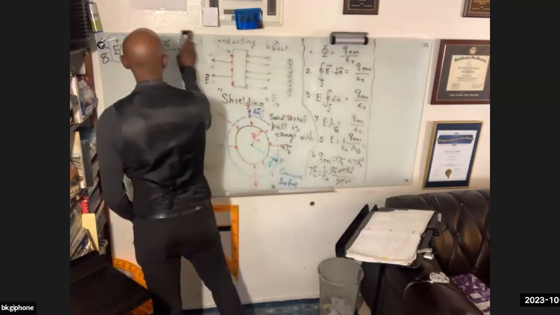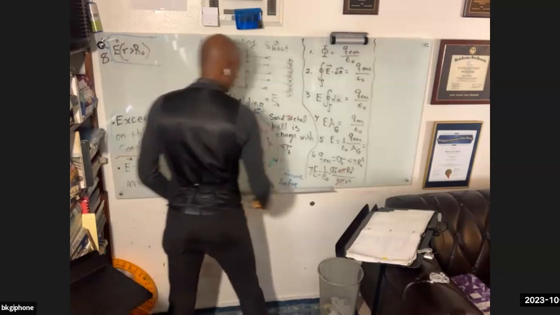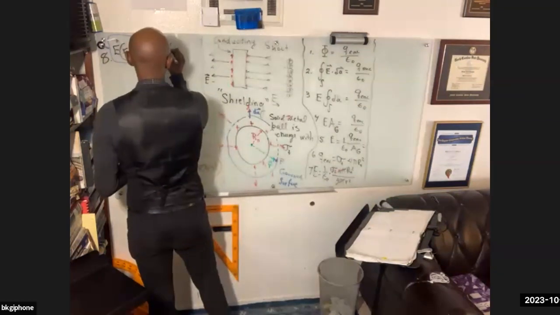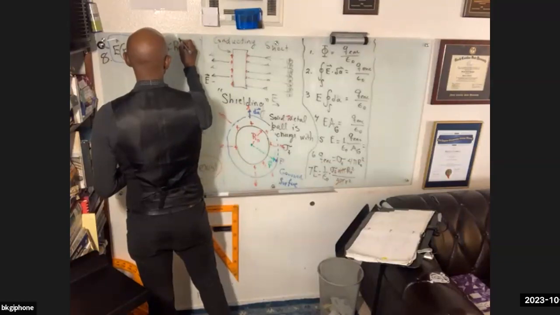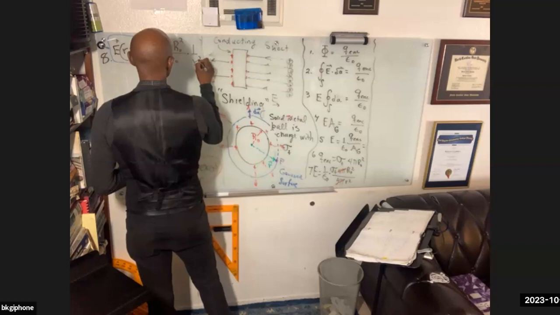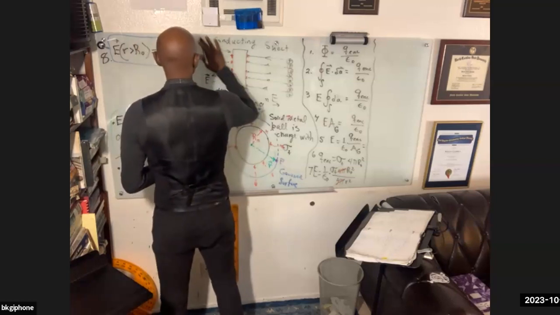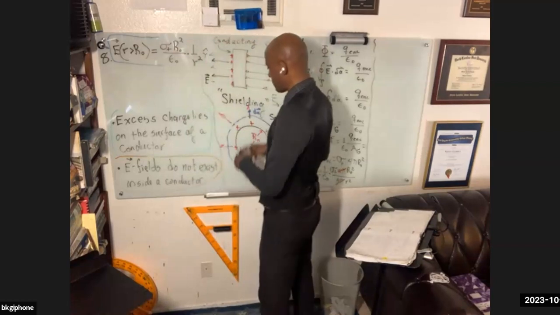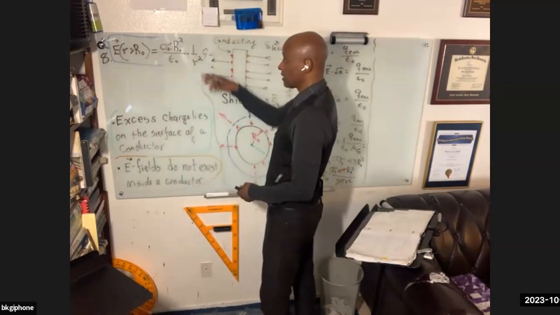Let me do that again. Sigma plus R naught squared over epsilon naught times 1 over R squared. I like to write it like that just to emphasize to myself that this R naught is a constant because it's the radius, but this guy is not.